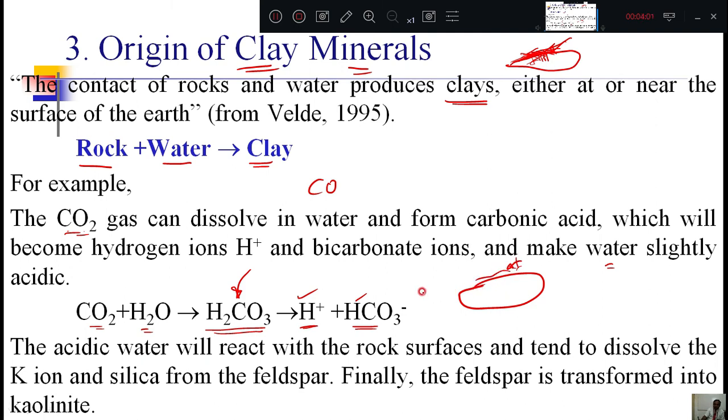That carbonic acid makes the water slightly acidic, and when that acid comes in contact with the rock, it will form some mineral, or rather some clay. Here one example is given for feldspar. Feldspar is one type of mineral, a rock. It tends to dissolve, the potassium ion will come out, and then this feldspar will convert into kaolinite. Kaolinite is one mineral. Got it? This is how the clay minerals will form.